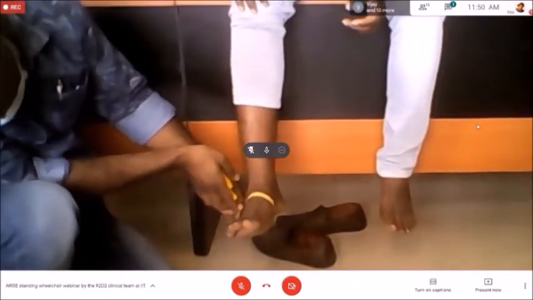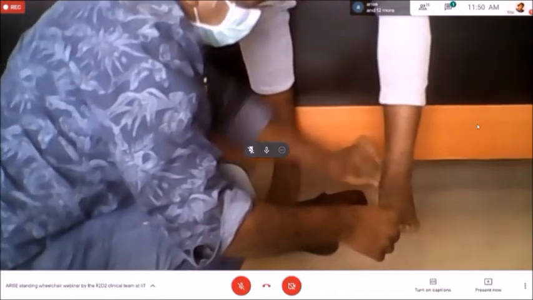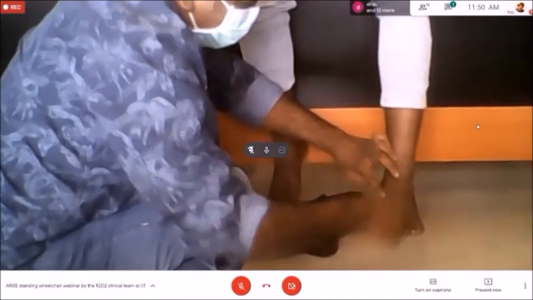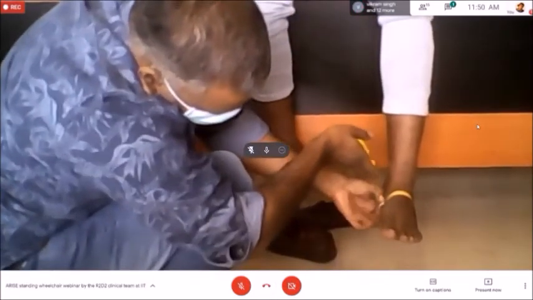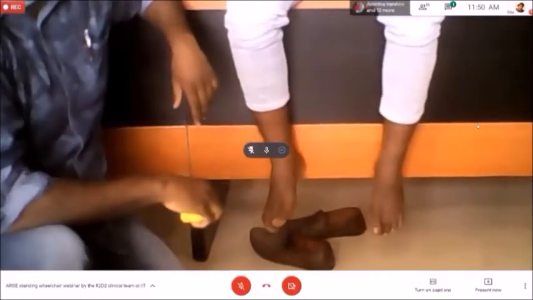Then compare with the other leg as well. So this would be for the edema.